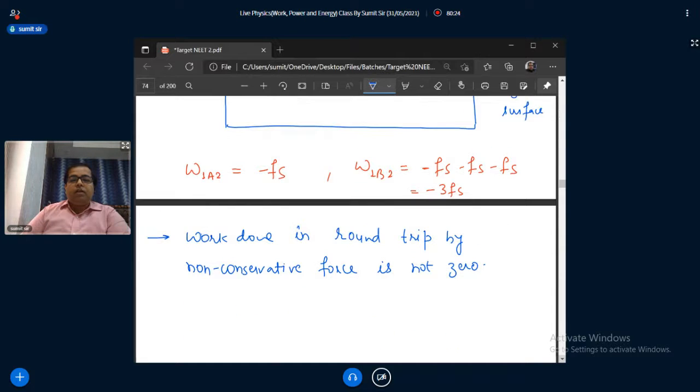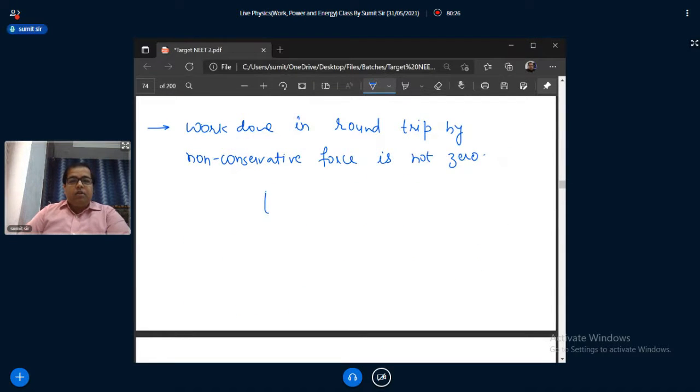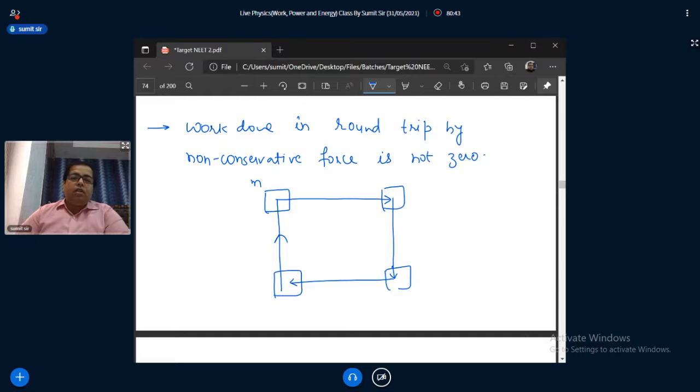You can take the same example. Suppose this is a point, this is mass m. It goes from here to this point, and then to this point, and then here to this point. In this case, the work done: the friction is F, and the displacement is s.